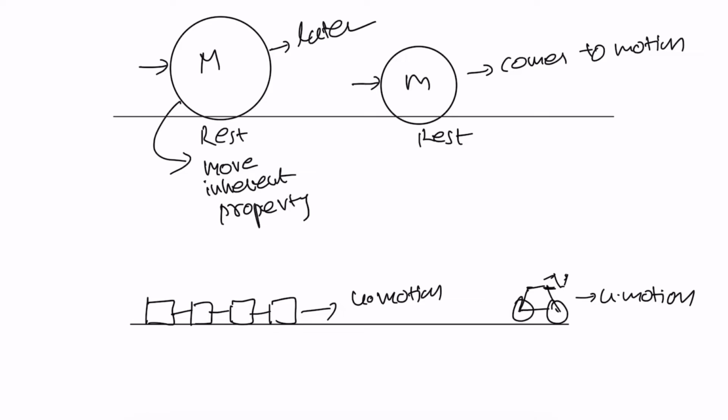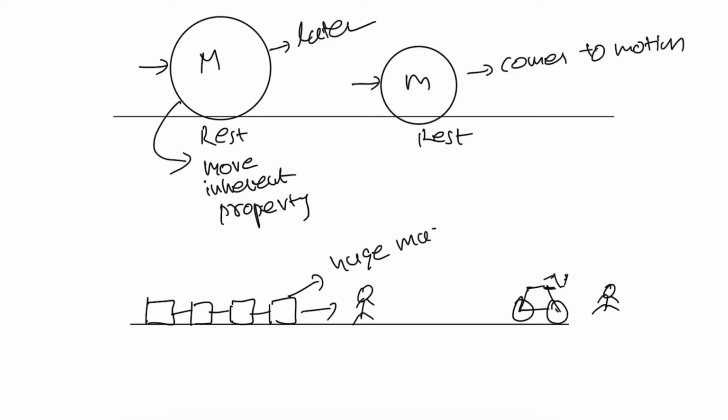I want to disturb both. Suppose we stand before the train and also the cycle, so the motion of the cycle is definitely disturbed, but the train is not disturbed because it has a huge inherent property, that is indirectly it has huge mass, while the cycle has less mass.